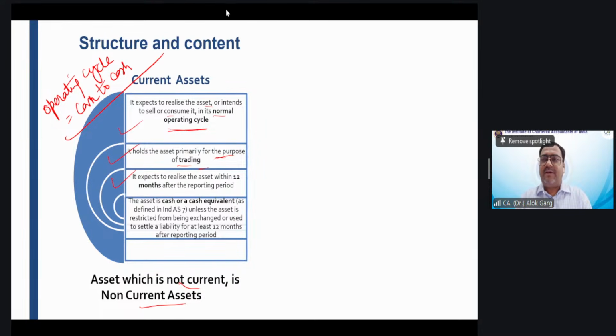Friends, whether it will be a current asset, because it will be receivable on demand, or a non-current asset. Why is it not a current asset, my dear friends? Tell me. क्यों नहीं है current asset?